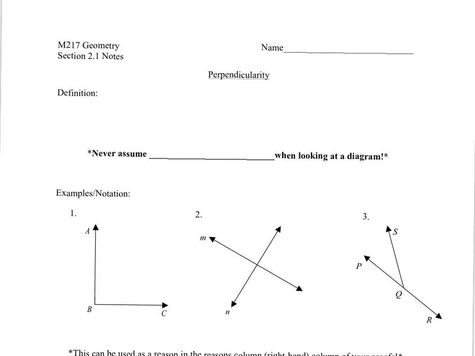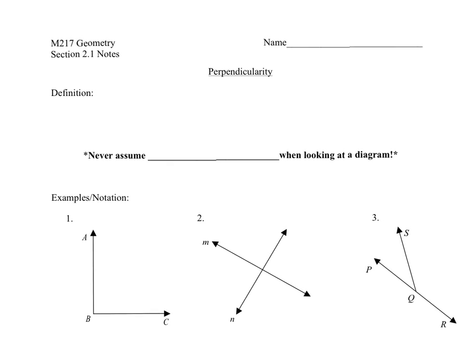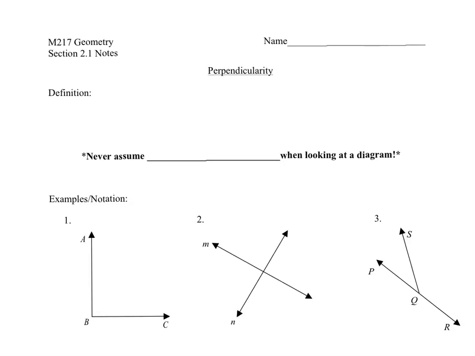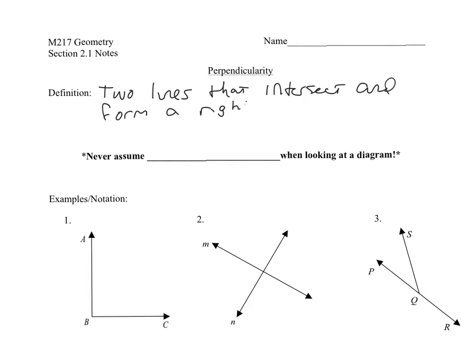Alright, so the first section of this long, important chapter is called perpendicularity. So, definition of perpendicularity: two lines that intersect and form a right angle.